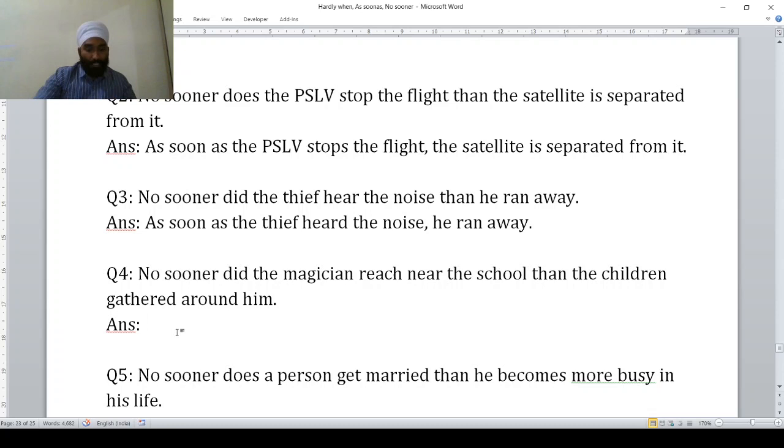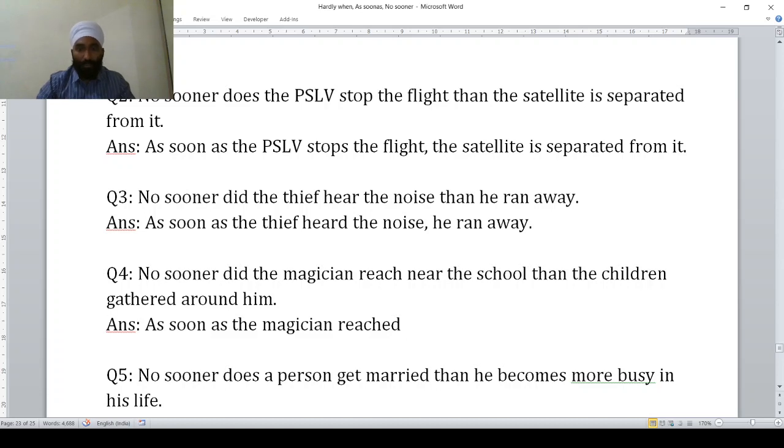So we use here as soon as in the clause of no sooner. Now instead of did, we use first the subject, the magician. Reach becomes reached now, as the sentence is in simple past.